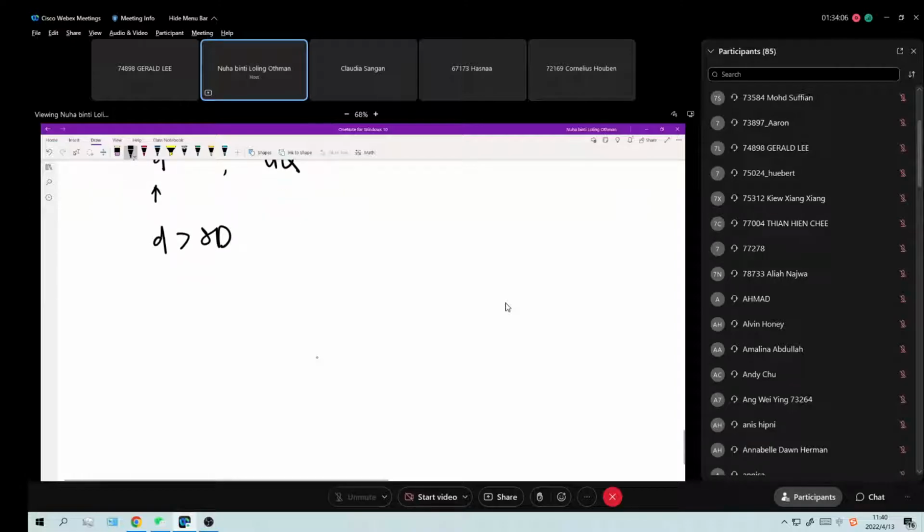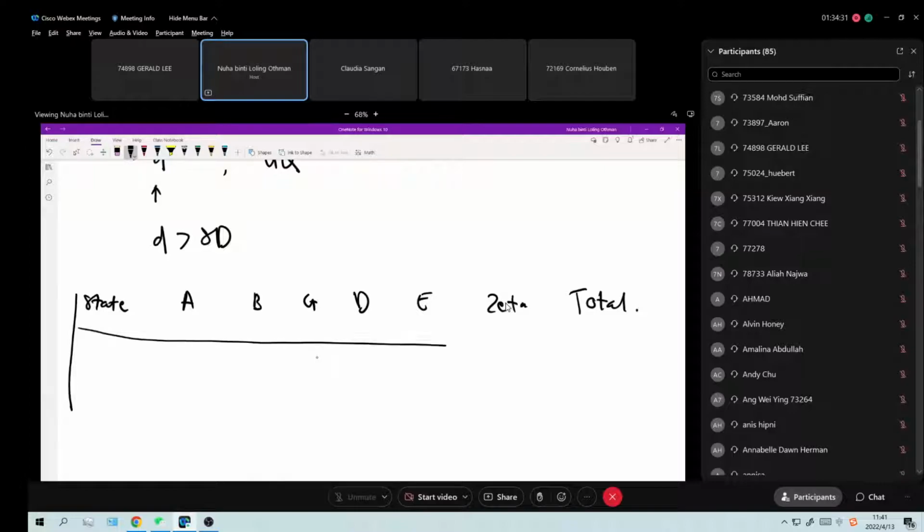Same example. We have the states alpha, beta, gamma, delta, epsilon, zeta, and then the total, with the population that you already know from above. You know that SD equals 9,480, so you need to find a bigger modified divisor.